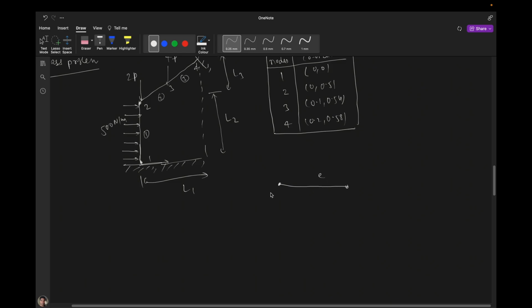So this is node 1 of this element, and this is node 2 of this element.